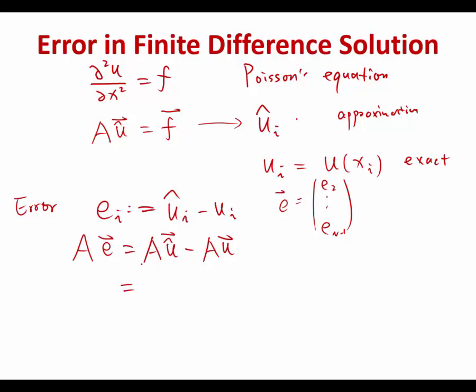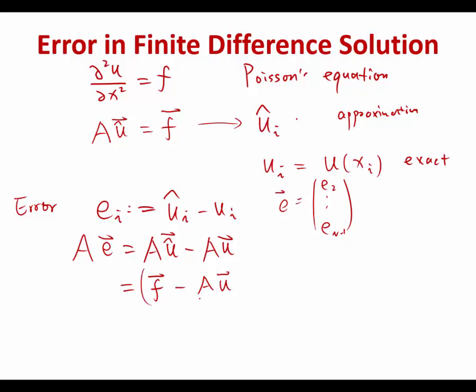We know that A applied to U hat is exactly equal to F. That is the definition of the numerical solution. But we actually don't know what A times the analytical solution is. So let's get into details of that.